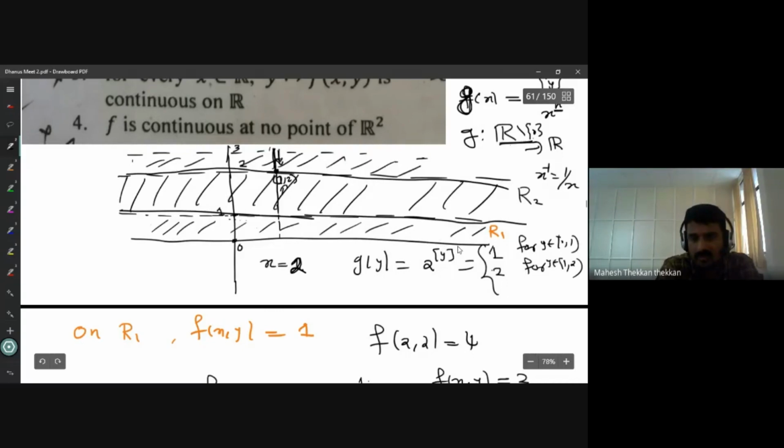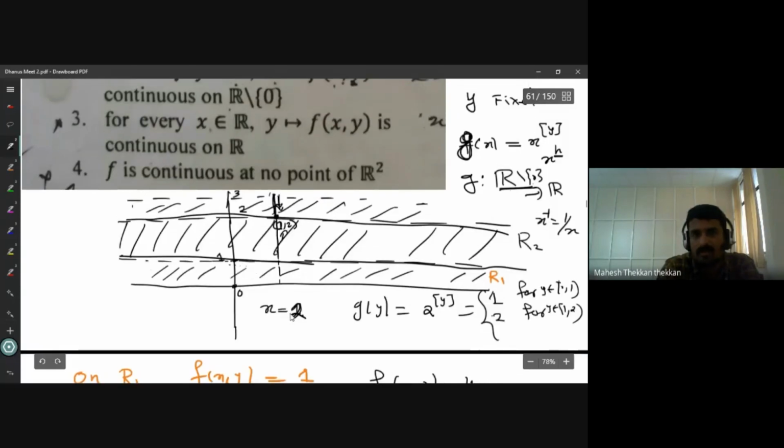This function is not a continuous function, because whenever y value lies between closed 0 and open 1, I get 1. Whenever y value lies between closed 1 and open 2, I get 2, and so on. So this function is not a continuous function. So for x equal to 2 itself, I got it is not continuous. So I don't want to worry about every x, right? I am having some x for which the function is not continuous. Is that clear or not?